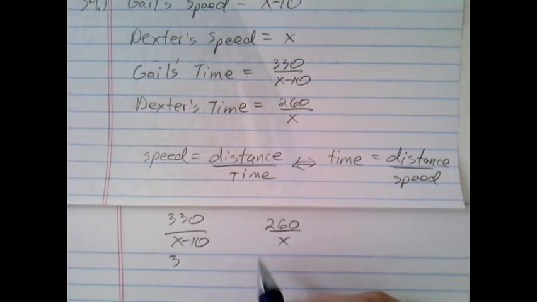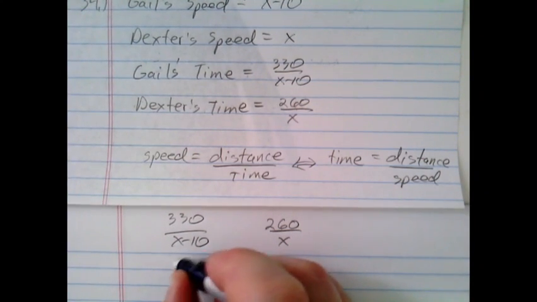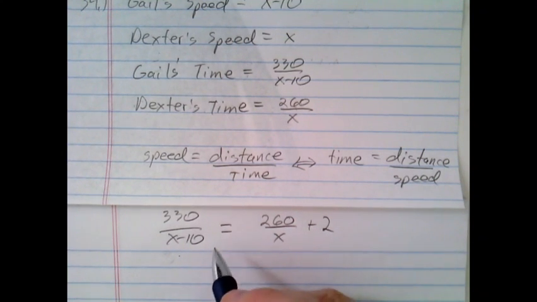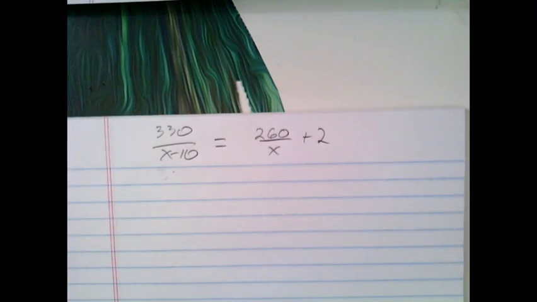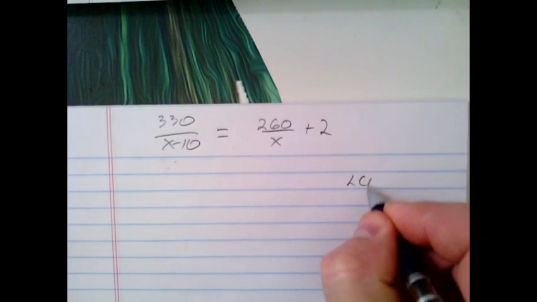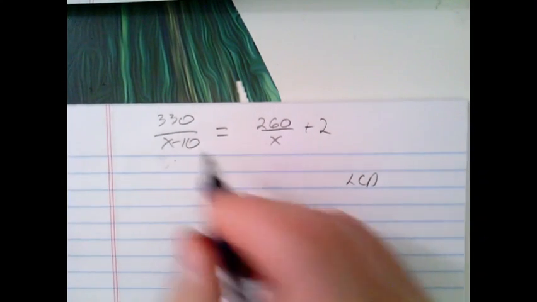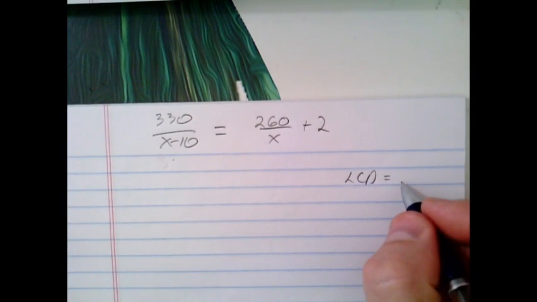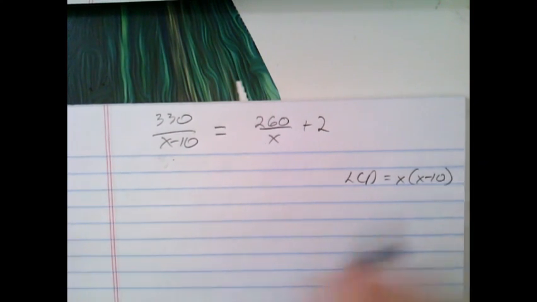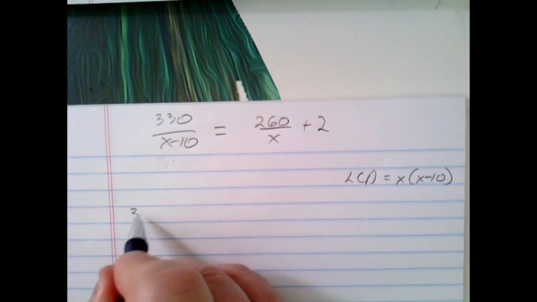I know that Gail's time is 2 more hours than Dexter's time, so I have to add 2 to Dexter's time to make it equal to Gail's time. Now I have a rational equation that I can solve. My LCD is just this denominator times this denominator, so x times x minus 10. So I'm going to multiply everything by x times x minus 10.